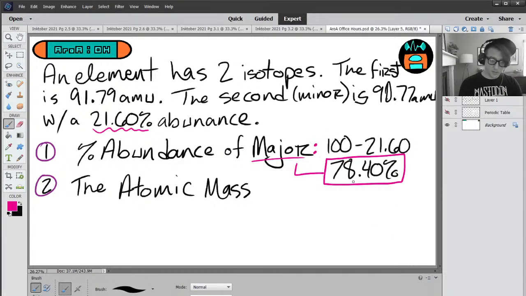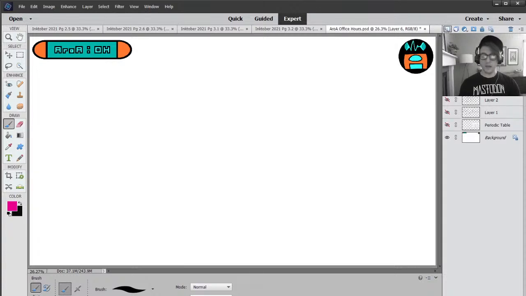All right, so that is the percent abundance of our major isotope, and we are going to need that value to find the atomic mass.